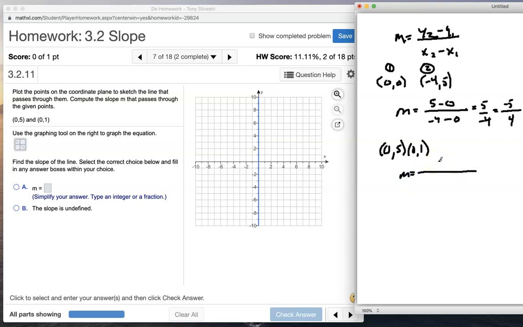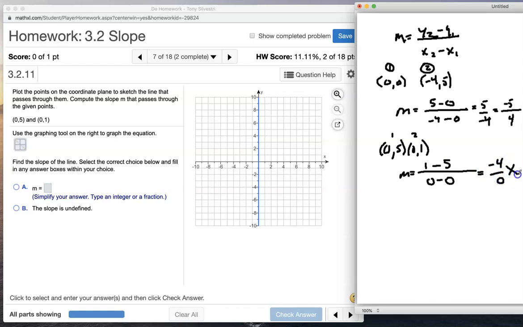Let's see what that is. Call this point 1, call this point 2. y2 is 1 minus y1 is 5. x2 is 0 minus x1 is 0. I end up getting a -4 up top divided by 0 on the bottom.